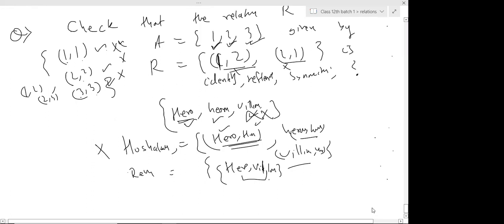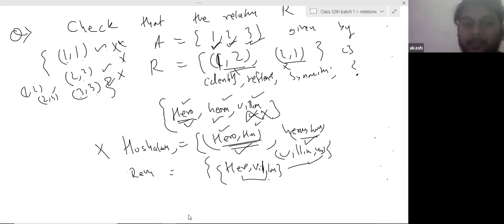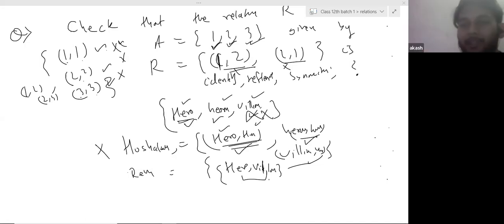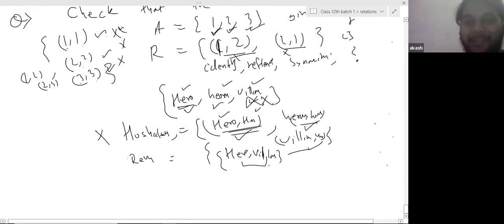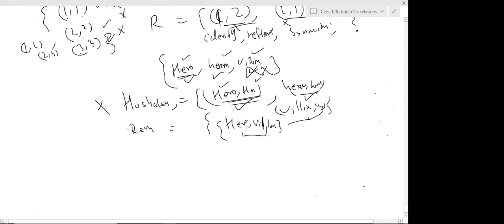So reflexive can accommodate different roles, but identity cannot. It can only sustain double roles of all the characters present in the movie. This is clear now, Shikani? Yes, sir. And this specific example was for you only. I think you are forgetting about identity and reflexive. Yes, sir. All right, then let's move on.